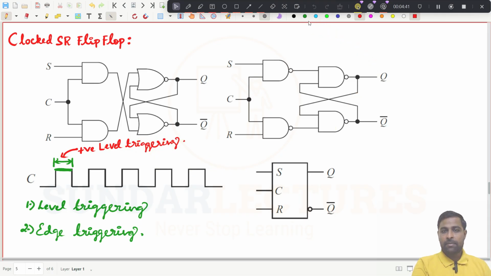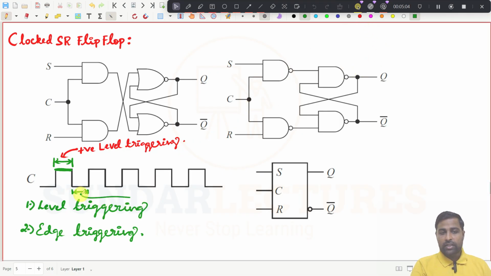And if the same SR latch is seeing the S value and the R value at this instant, only at this instant, whenever there is a positive level, then the SR latch will look for the input for S and R. And if it is so, we generally call this negative level triggering. Can you understand?